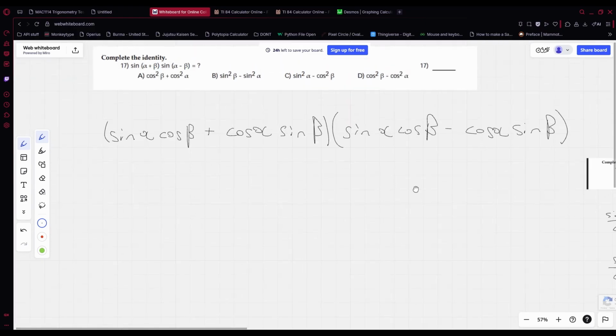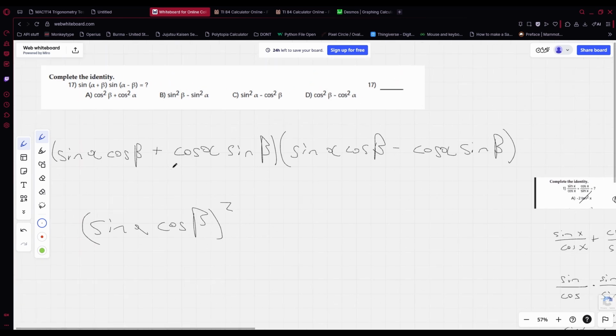Now, if you multiply these out, you will get sine alpha cosine beta squared. And then, since it's plus and minus of the same thing multiplying each other, the middle term cancels out.